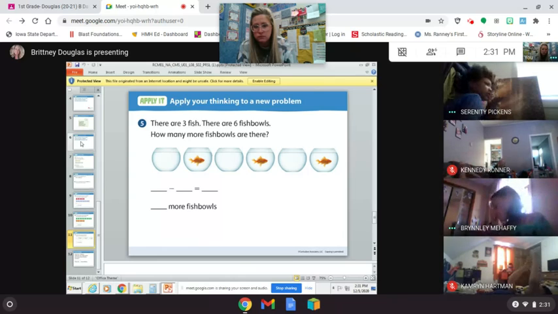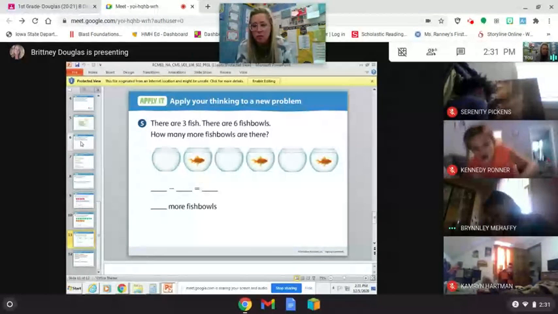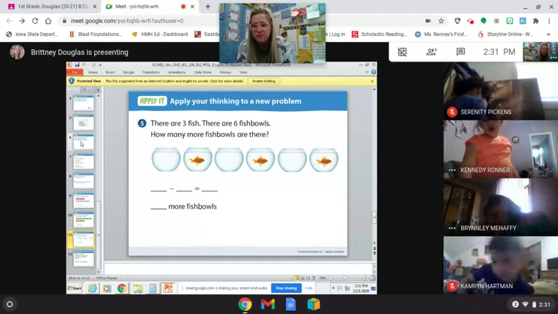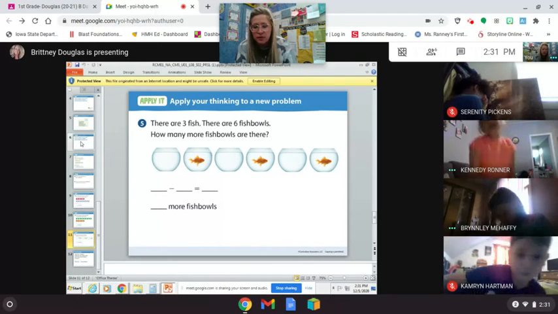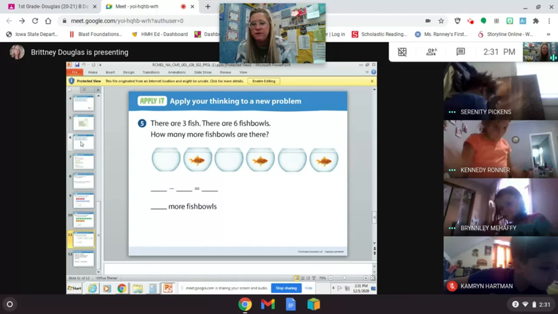How many bowls have fish in it? Tell her. 3. So the problem is 6 minus 3, and we're trying to figure out how many empty bowls are there then. 3 of them have fish. How many more are empty? How many more fish could we get, Kennedy? 3 more. Good. 6 minus 3 equals 3. 3 more fish bowls.